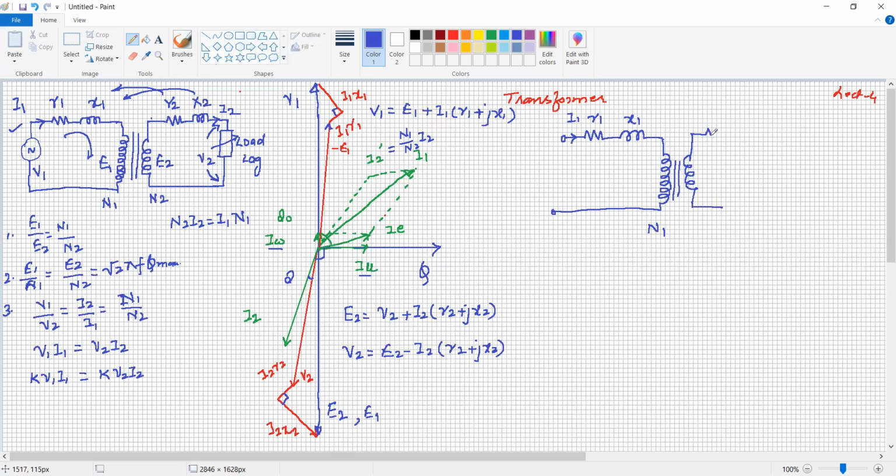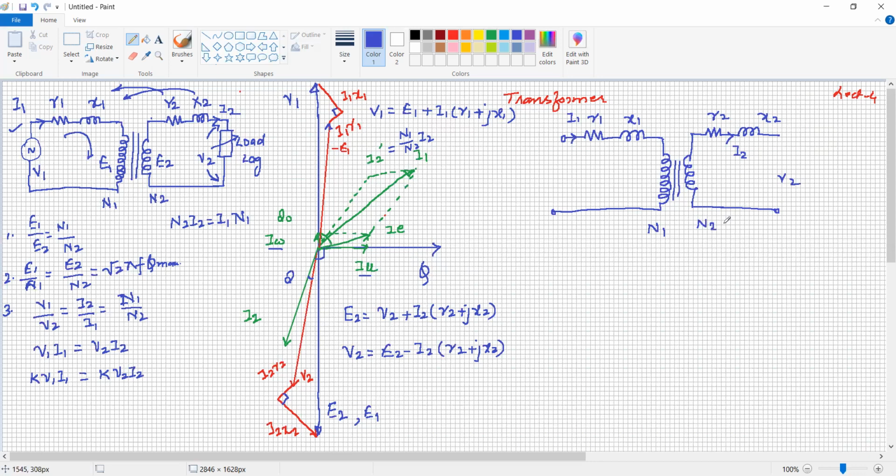The secondary winding has resistance R2, reactance X2, the secondary voltage is V2 and the current is I2. Suppose a load is connected there, and the number of turns is N2.